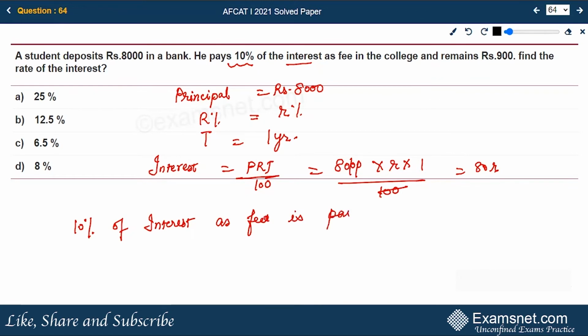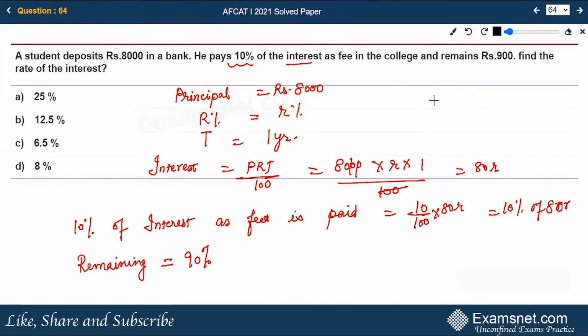That means 10% of 80R. If he pays 10% of the interest as fee, then what is the remaining? Remaining is 90% with him, right? And he says he remains with 900 rupees.